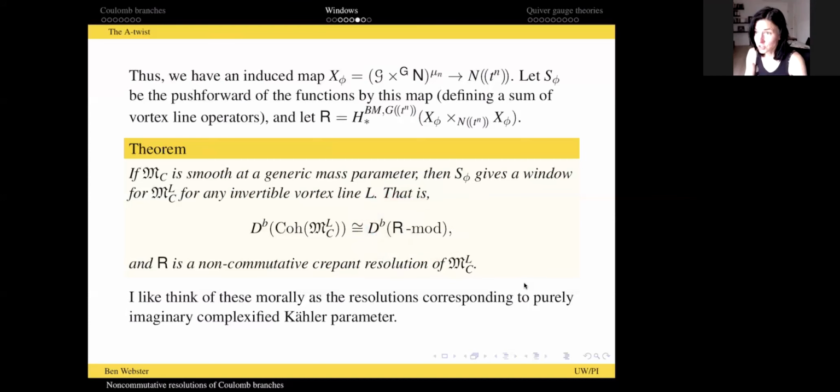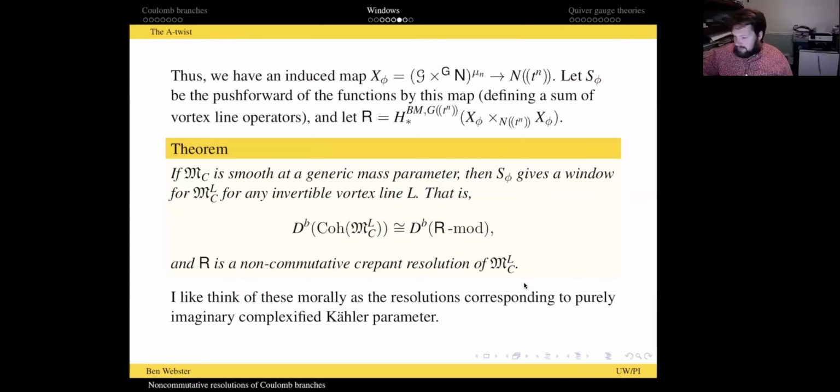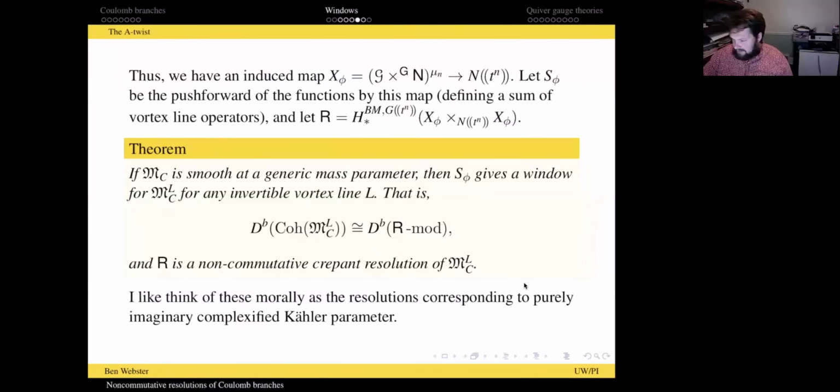And tell us again, what's special about S? What's this line operator S? So suppose I'm just studying coherent sheaves. What S is, it's telling you a particular coherent sheaf.